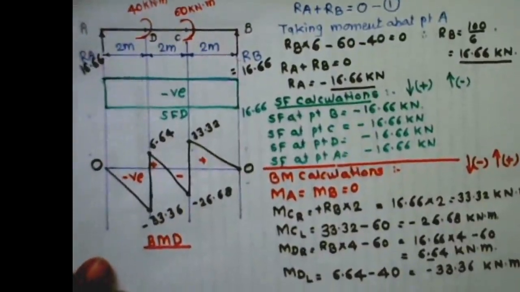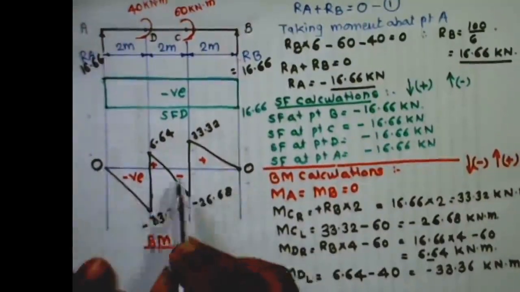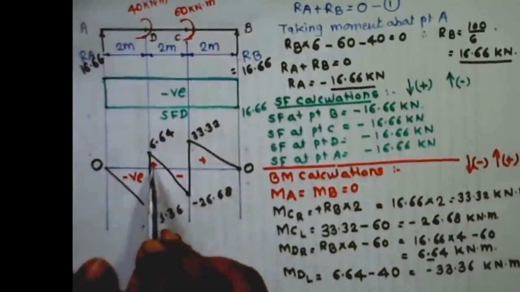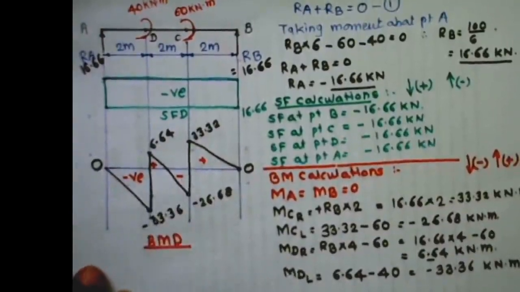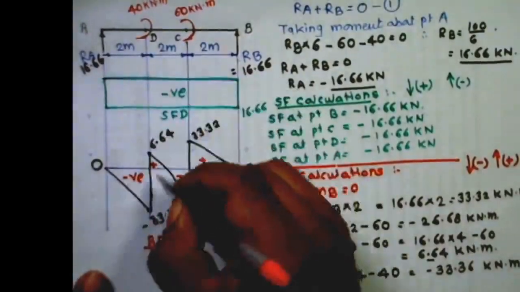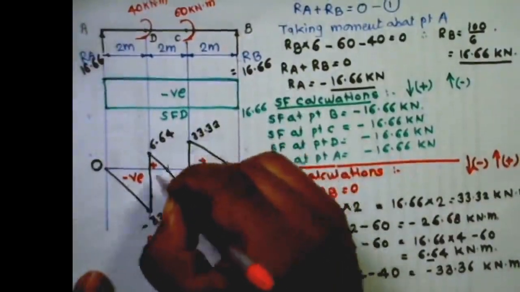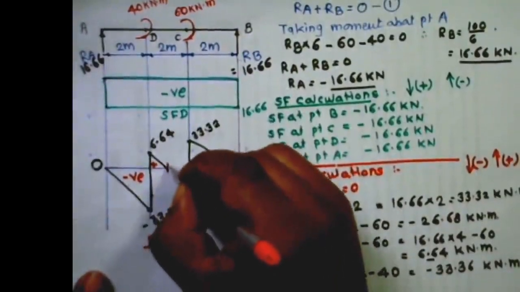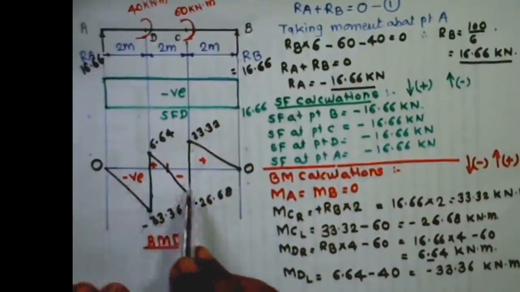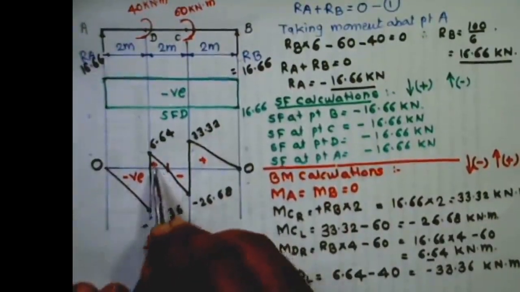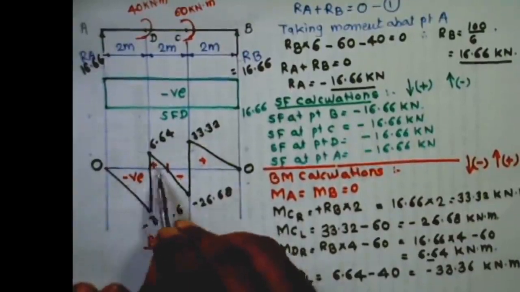Now in this numerical, see here, in the diagram we are getting two positive diagrams and two negative diagrams. And in this bending moment diagram, at this point the bending moment changes its sign. Here also positive to negative, and it crosses this line.